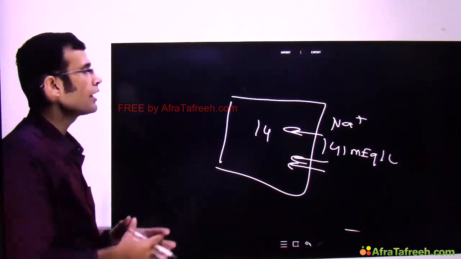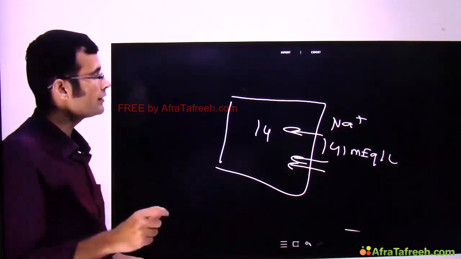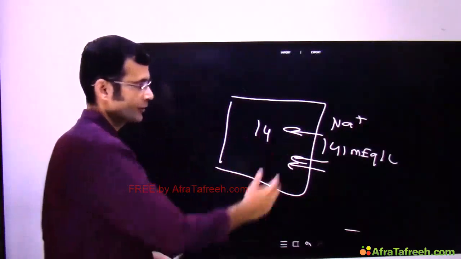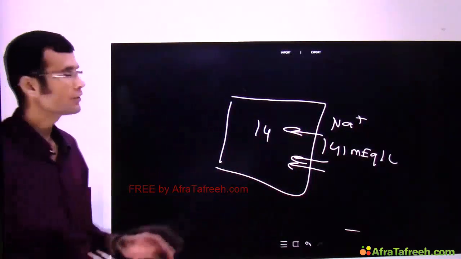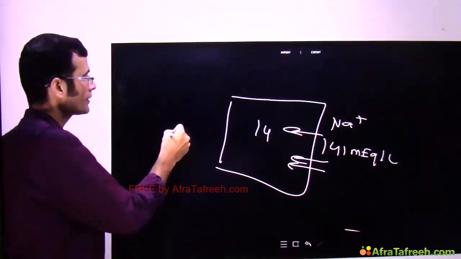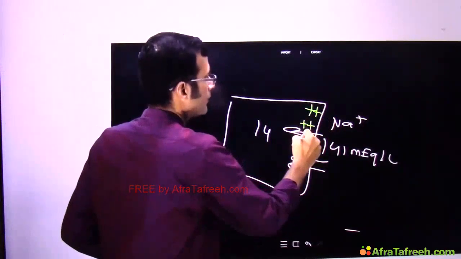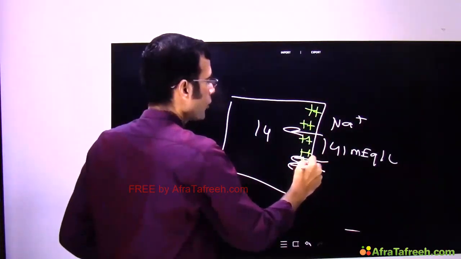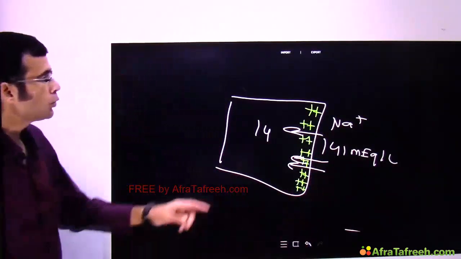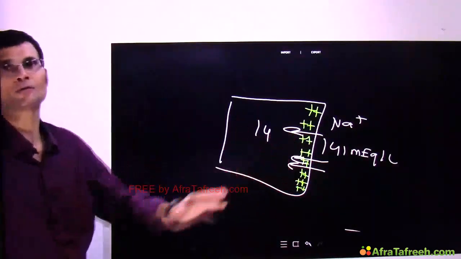As it starts moving in, two things will happen. One is its concentration gradient will narrow because the sodium is coming in. The concentration gradient will narrow, and the second thing that happens is sodium, as it comes in, it carries a lot of positive charges to the inside, and those positive charges, they will get just lined up on the inside of the membrane.